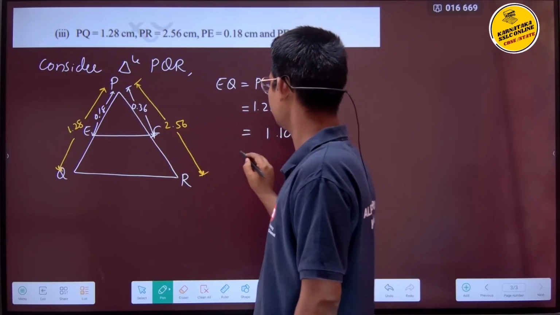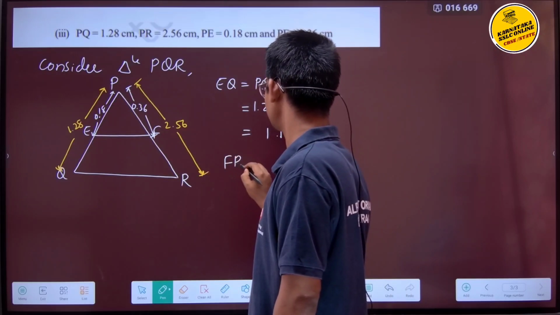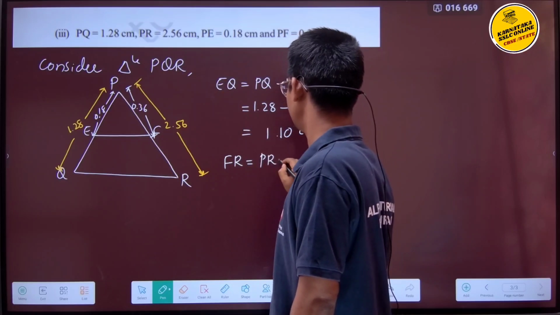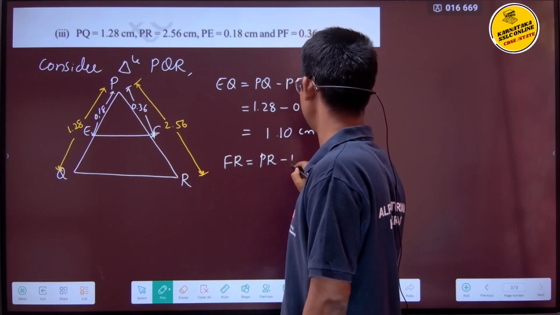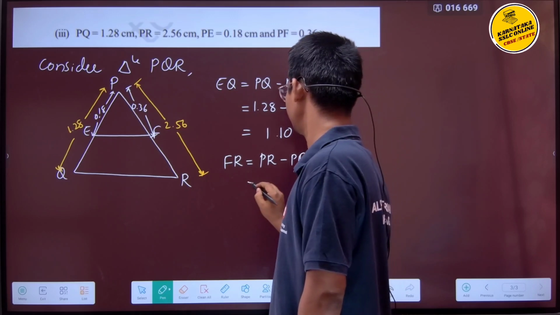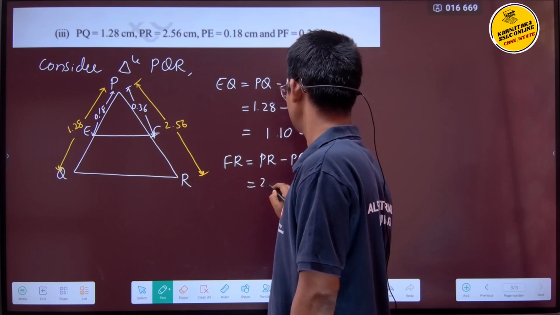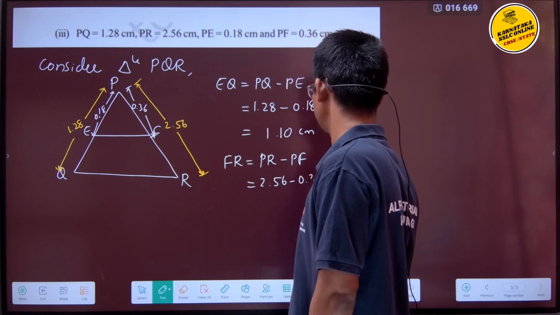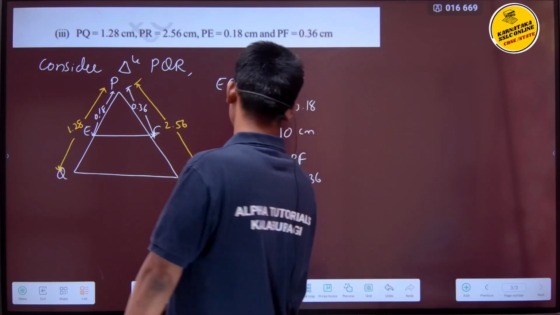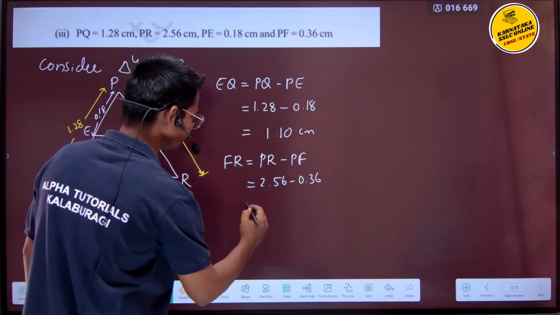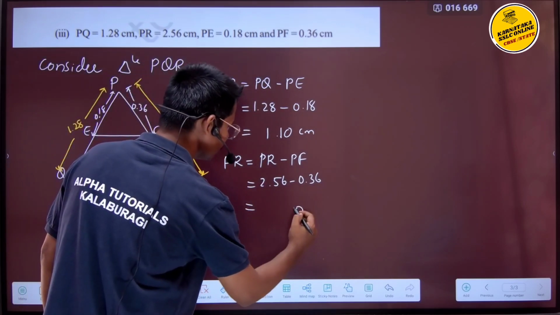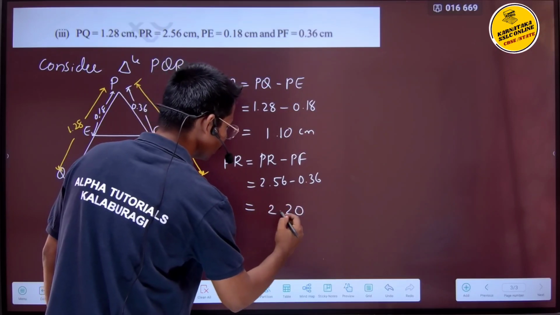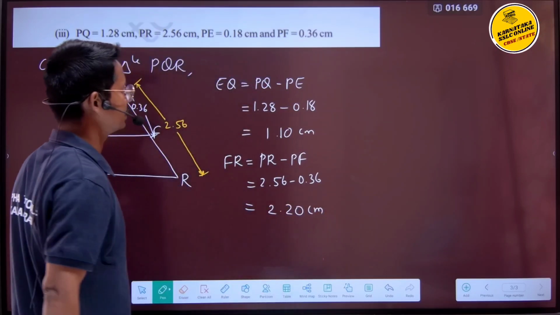Similarly, this side FR you can also find from the complete side. It is PR minus PF, correct? What is PR? 2.56. What is PF? 0.36. Fine. Now 6 minus 6 is 0, 5 minus 3 is 2, 2 minus 0 is 2, so 2.20 centimeter is FR.